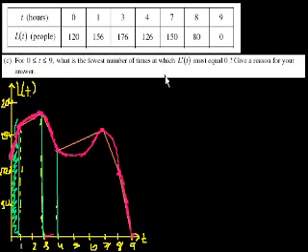Anyway, they say, what is the fewest number of times that L prime of t must be equal to 0? Well, what happens when L prime of t is equal to 0? That means that we are at a local minimum or a local maximum, or sometimes an inflection point, but we don't know that for sure. But at minimum and maximum points, we know for sure that L prime of t is equal to 0. And so we could just eyeball it.